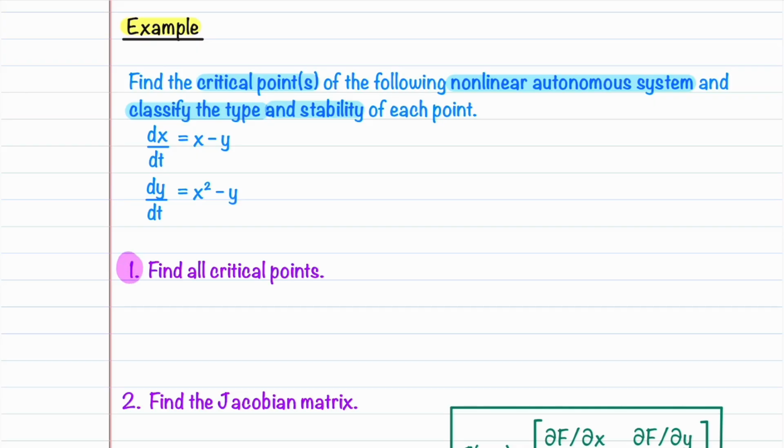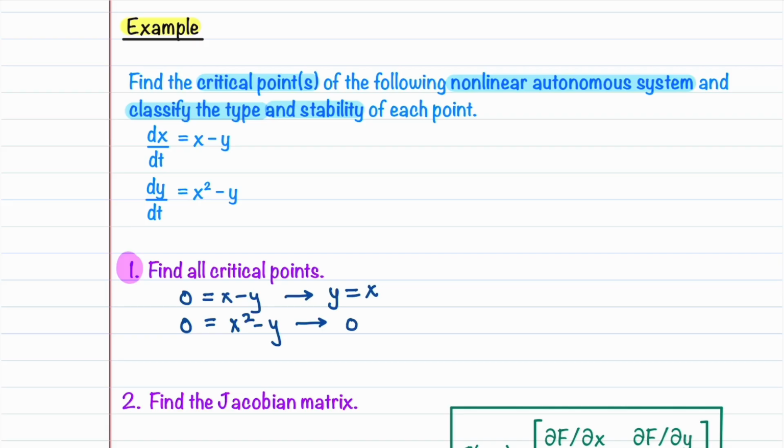The first thing that we need to do is find all the critical points. To do that, we're going to take the derivatives dx/dt and dy/dt, and we'll set those equal to 0. This gives us 0 is equal to x minus y, and then we have 0 is equal to x squared minus y. In this first equation, I am going to let y be equal to x, and then we'll plug that into our second equation.